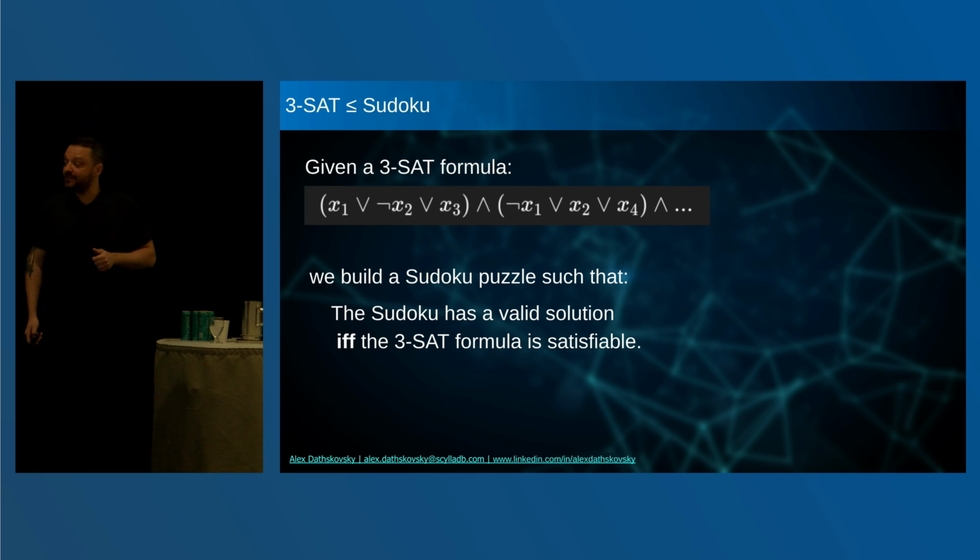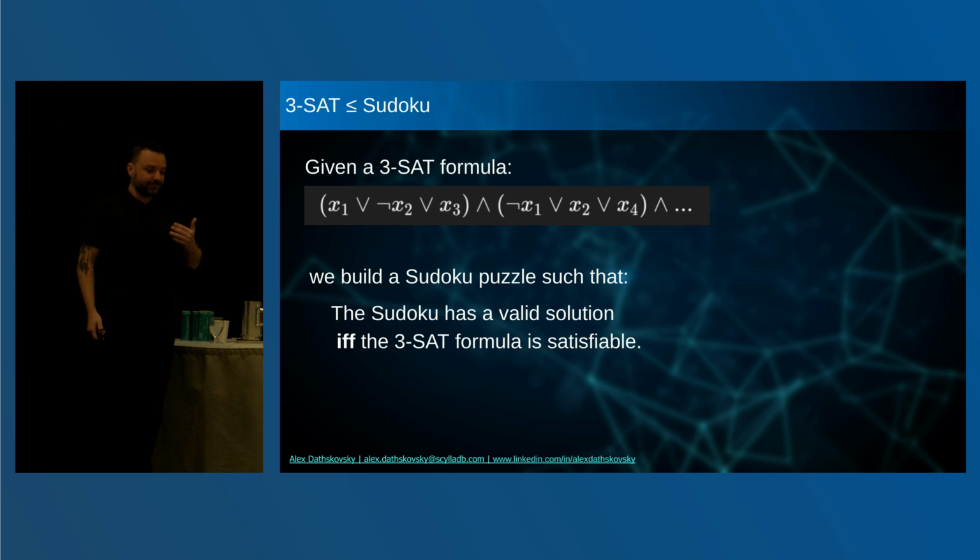So we verified that. Then we want to show that basically Sudoku is an NP-hard problem. It's really hard, not just for us to solve it, but for computers as well. And to do that, we need to show that we can reduce the Sudoku problem into a 3-SAT problem.